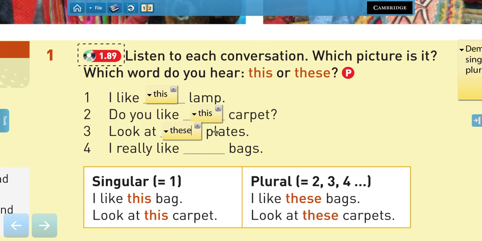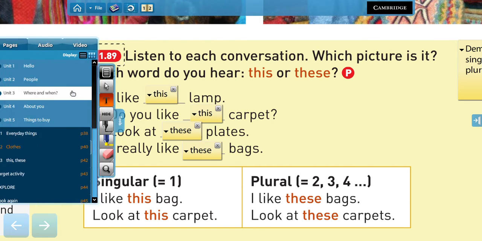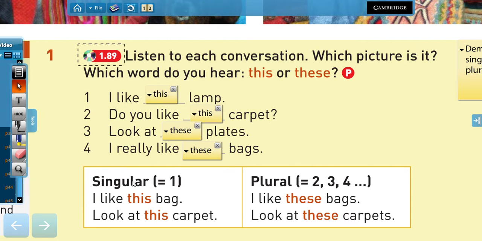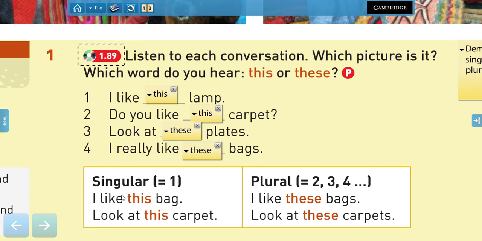Plural. I really like these bags, right? Very good. Now, for singular, as I told you before, we use this with short pronunciation, and for plurals, for more than one object, of course, we use these, right? And you're going to pay attention to the S at the end of the word.